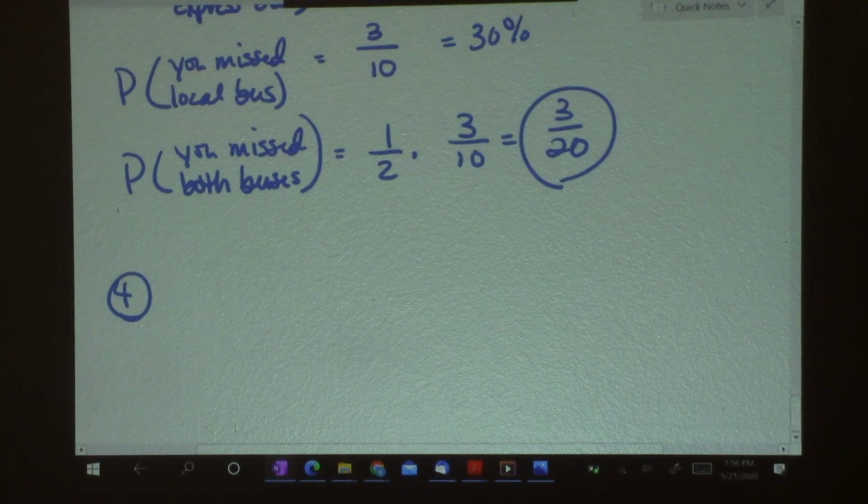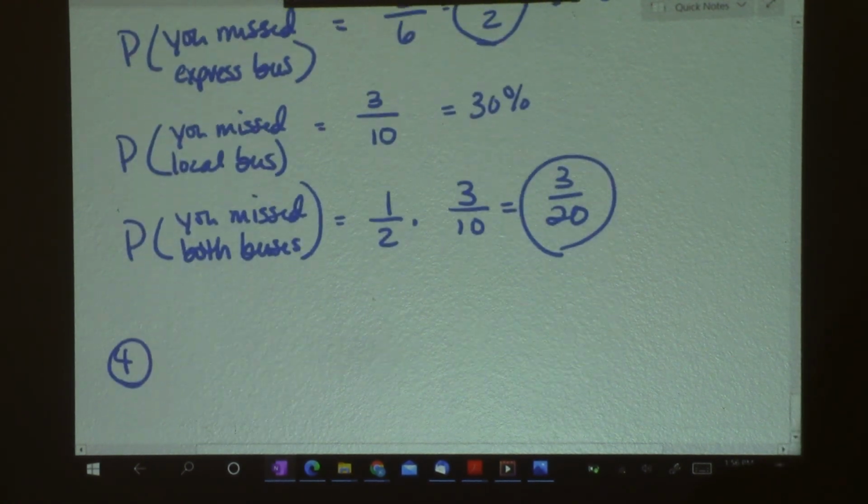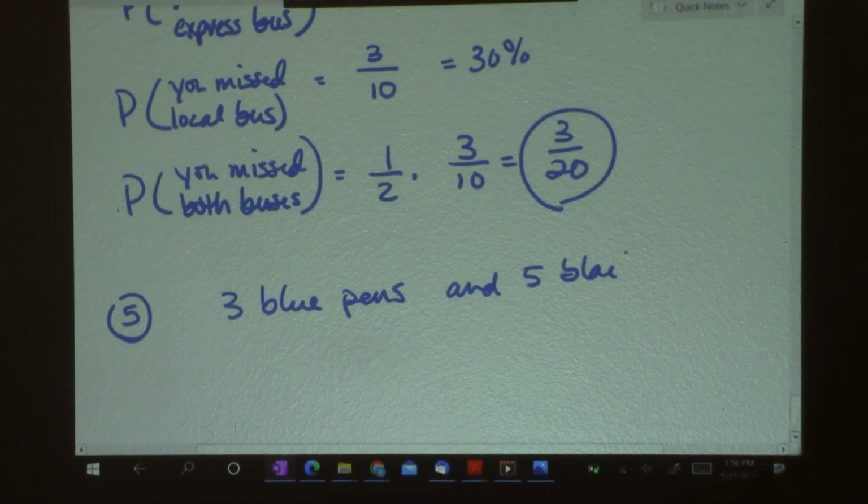Number 4. Or was that 4? Yes, this is 5. Okay. Number 4. A box contains 3 blue pens and 5 black pens. You choose one pen at random and you do not replace it, and then you choose a second pen.